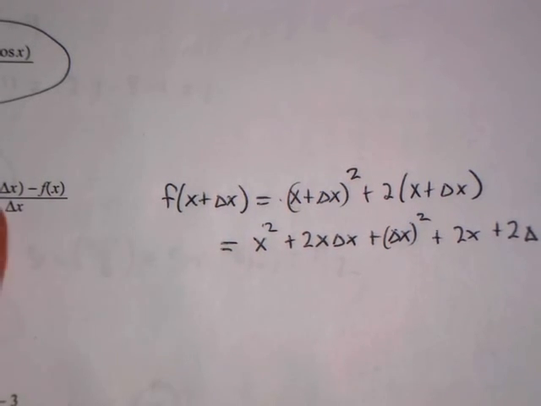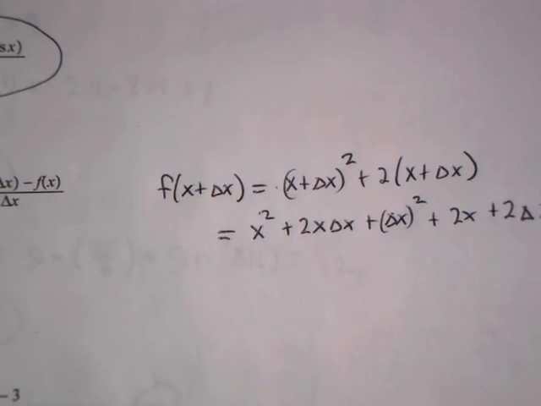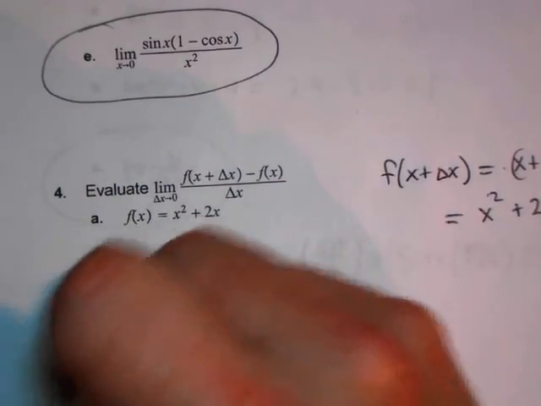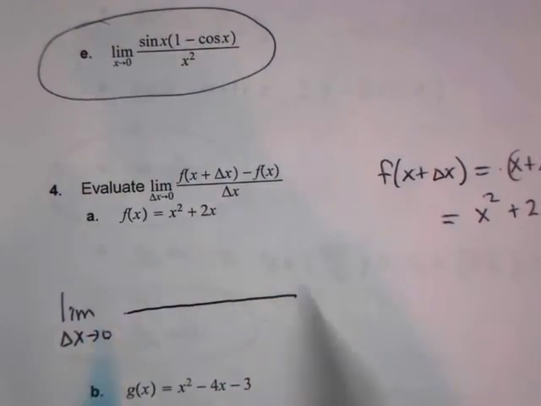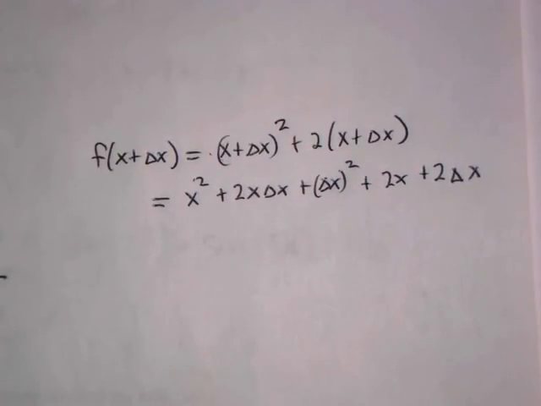However, now I'm going to work on the whole numerator here. Well, let's just write this out. We will have the limit as delta x goes to 0 of f of x plus delta x. We just figured that out. It's over here. So I'm just going to copy that down again.